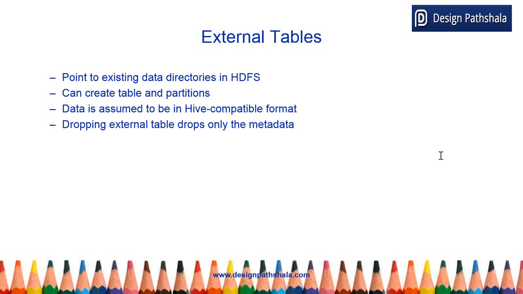I hope you understand why: the internal table was created by Hive, and when it was created there was no data. Later you processed and inserted data into that table, and when you drop it, Hive drops the data also, because that data was created by the Hive user only.